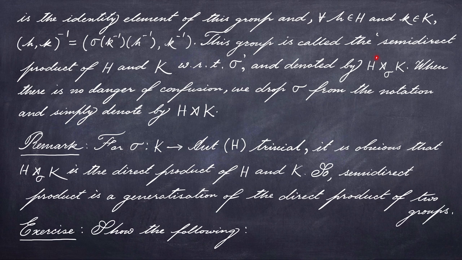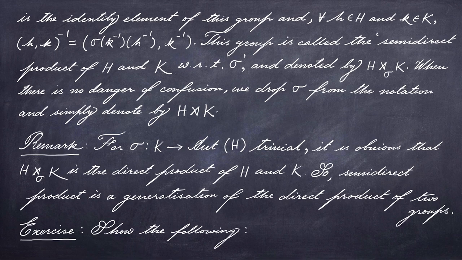This is what we have to be careful about whenever we mention semi-direct product, because H semi-direct K and K semi-direct H are certainly going to be different. Of course, when there is no danger of confusion, we can drop sigma from the notation and simply denote it by this. However, even here we have to be careful about which side we are closing.